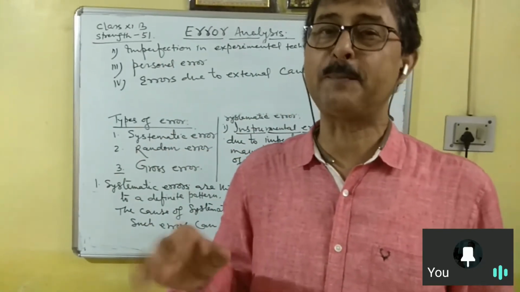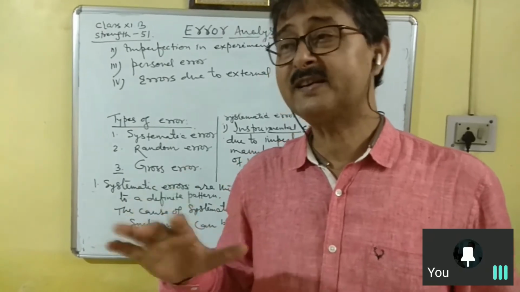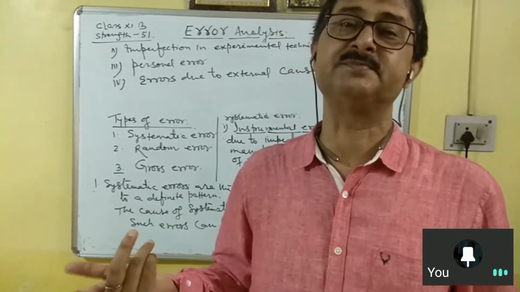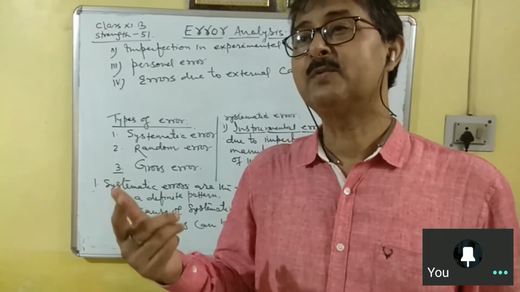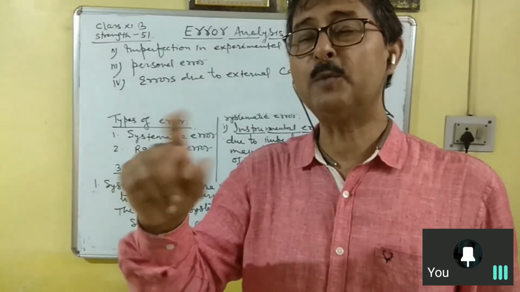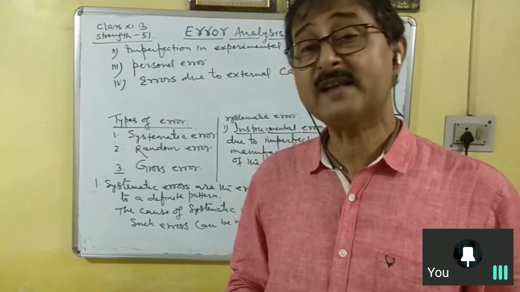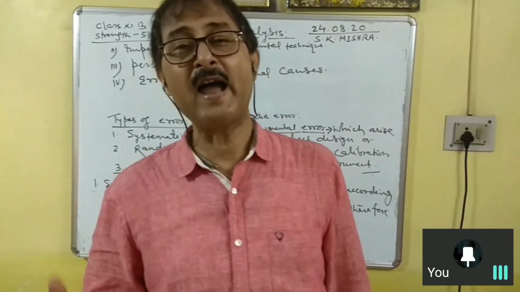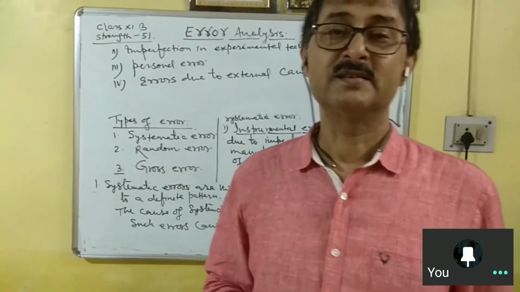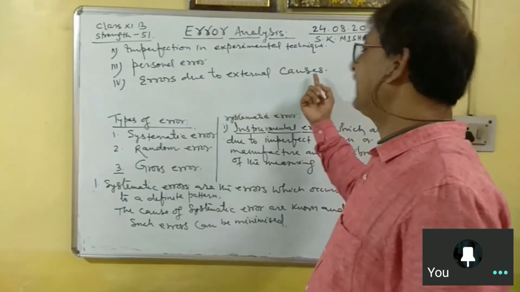Current will keep on flowing through the resistance and the resistance gets heated. If the resistance gets heated, its resistance will change. Then V by I, which is R, in the first reading is different, and in the second reading the value of V by I is different, whereas for every value of V and I, R should remain constant. So why does it arise? Because of errors due to external causes.